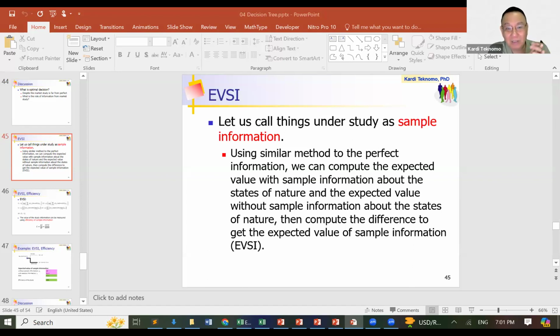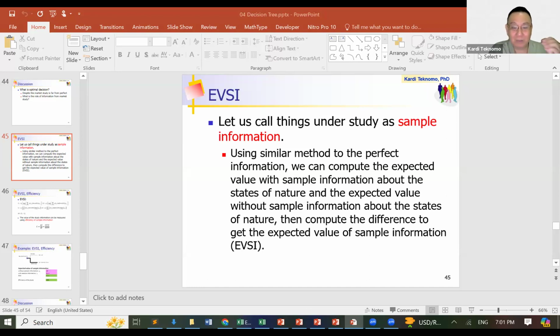EVSI is expected value of sample information. That means the actual maximum payment to the consultant, okay, because of the imperfect information that we have.